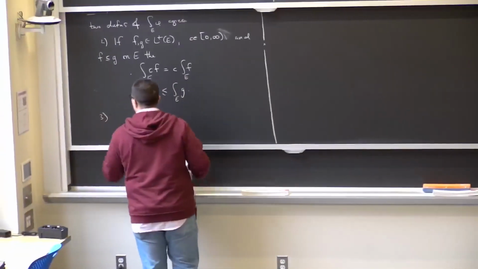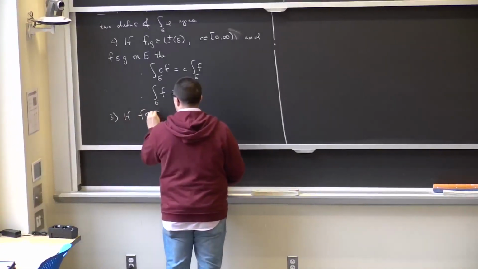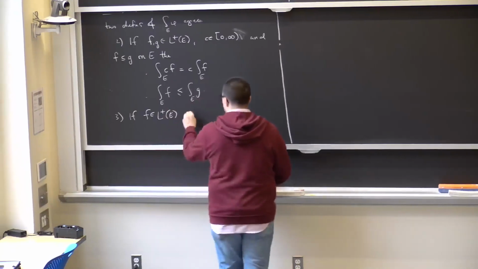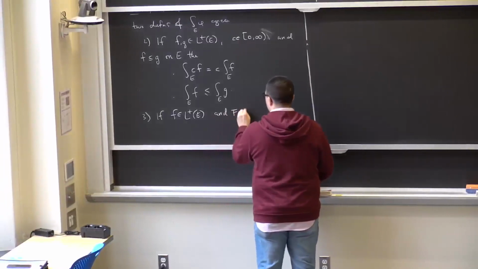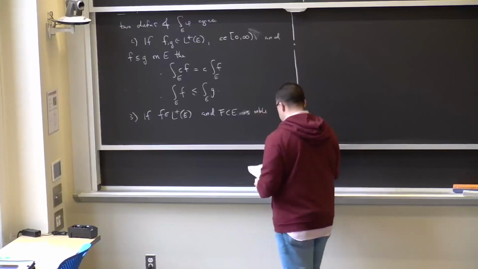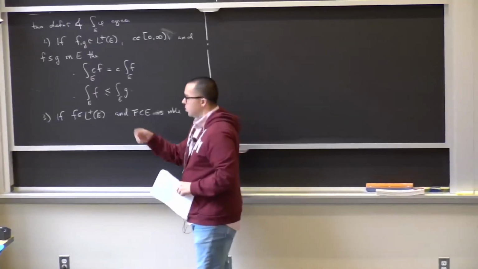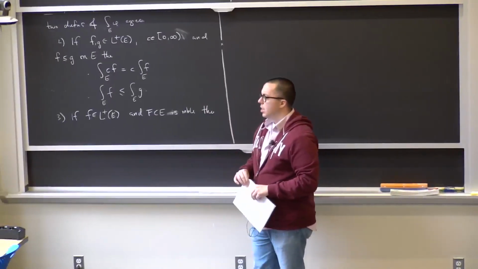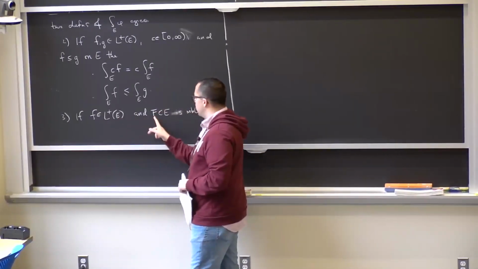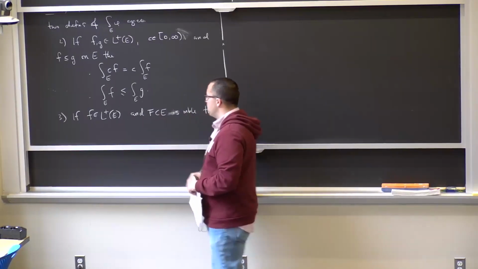And one final property is the following. 3: If f is a measurable function on E, and F is a measurable subset of E, then I can integrate f also on capital F. So this is in, I think maybe assignment 5, that if I have a function which is measurable on a set and I take any measurable subset of that set, then f restricted to this set is also measurable.